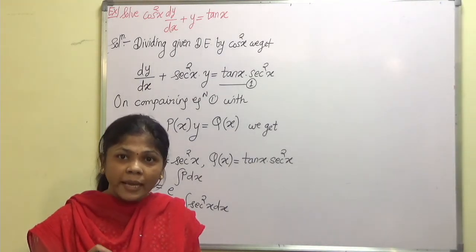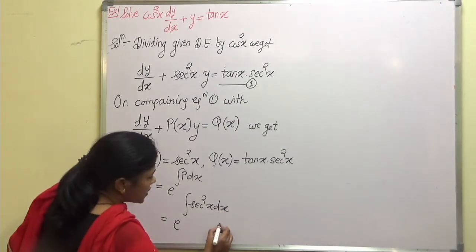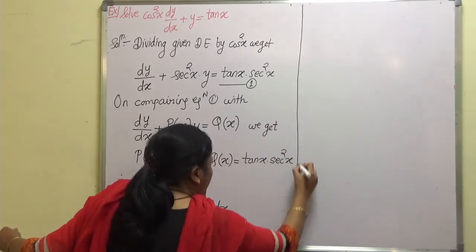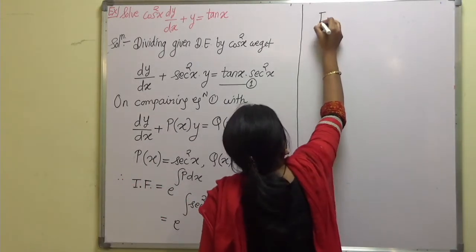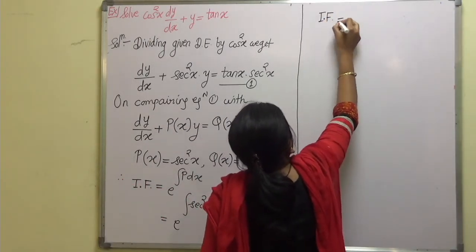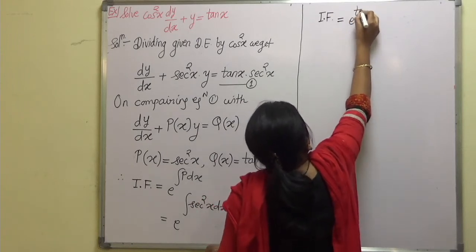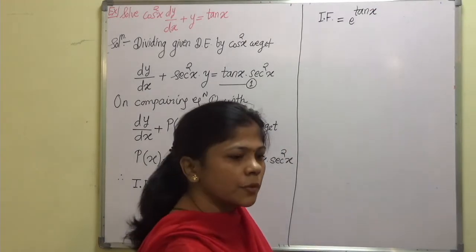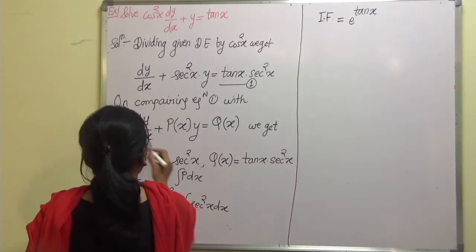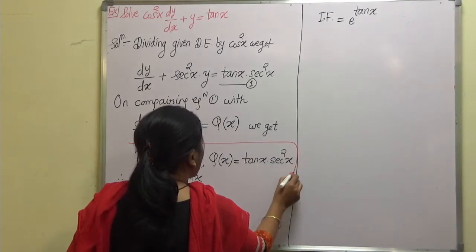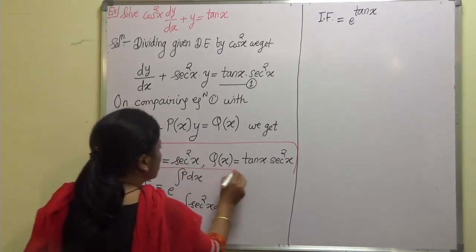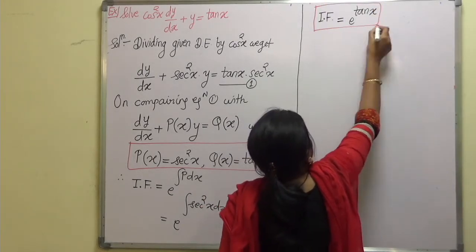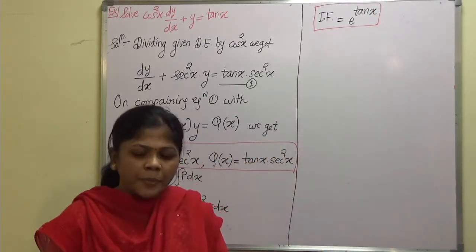That is tan x. So the integrating factor is equal to e raised to power tan x. Right, so the second step is covered.